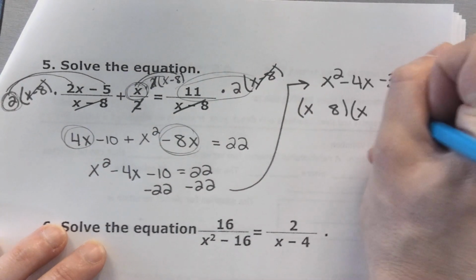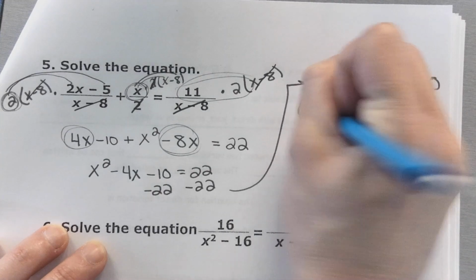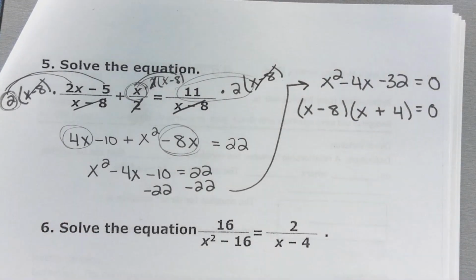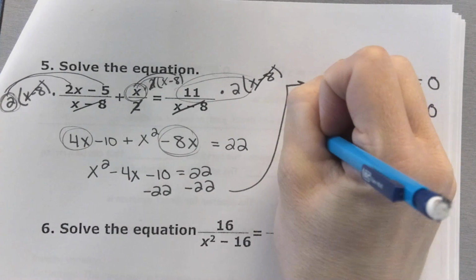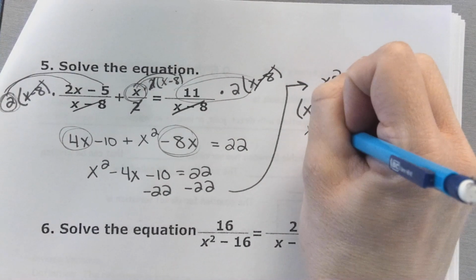So we need 8 and 4, and you said negative 8, right? Okay, let's double check ourselves. X times x is x squared. Perfect. Negative 8 times 4, negative 32. Perfect. It's the middle term, right? That's always the problem. Negative 8 plus 4 is negative 4. Perfect. So we're good.